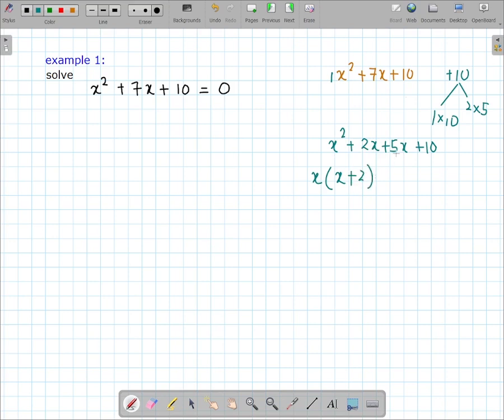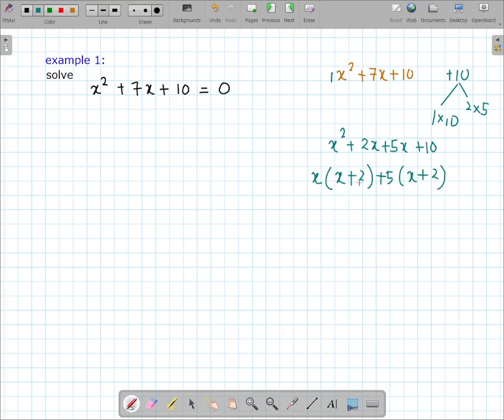Then I take the next two terms, that is plus 5x plus 10. So 5 times 1, 5 times 2, then 5 can be taken out. So the sign is plus. So I write plus 5, then open bracket, plus 5x divided by plus 5, that is x, then plus 10 divided by plus 5, that is plus 2.